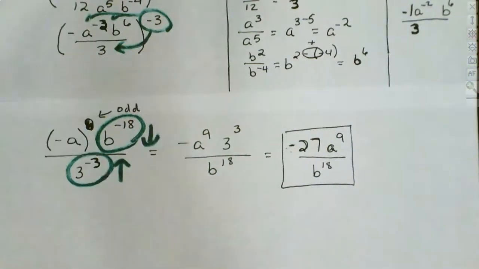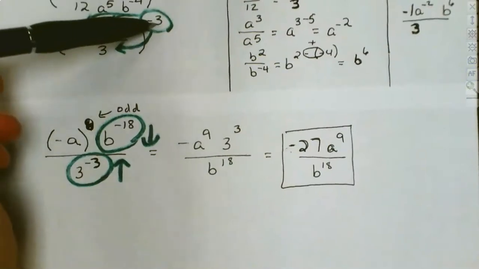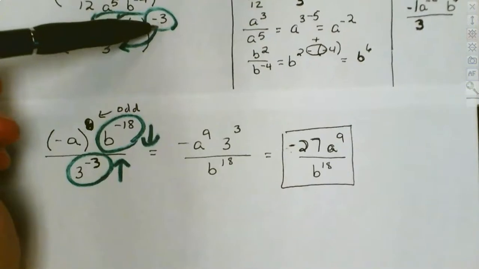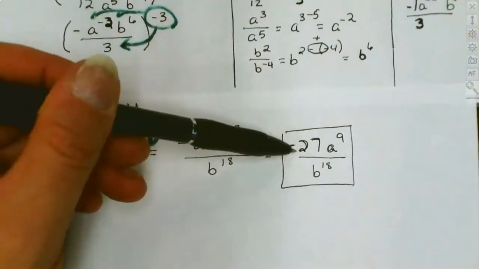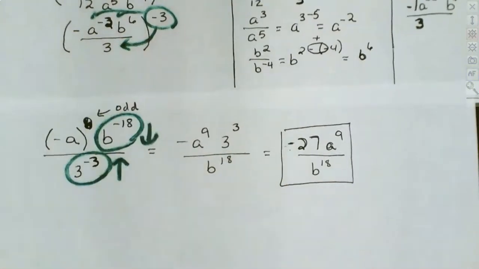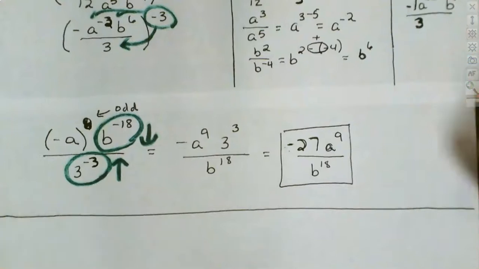What you basically look at is this power, that 3 is an odd power. That's why it stays negative. You look at the outside, that odd power keeps it negative. So you always look at the outside, and very rarely do you have negative numbers, but once in a while you might. Let's look at a couple more.